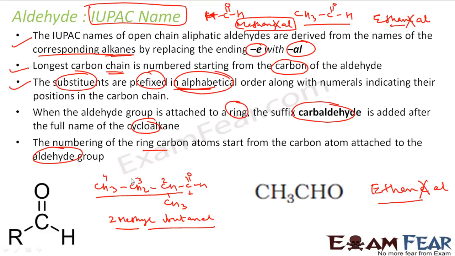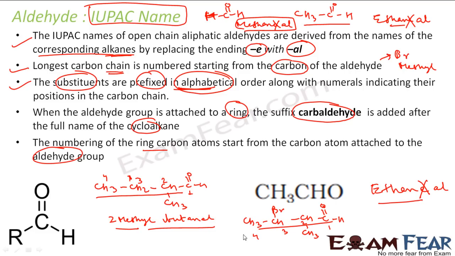For example, in the same scenario, let's suppose I have a bromine here. Well, let me draw a new structure actually. I have CH3, CH, here I have Br, CH, CH3, COH. Again, this is the longest chain, so let's number from here. 1, 2, 3, 4. So I have bromine at 3, and at 2 I have methyl, right? See, I have bromine, I have methyl, right?